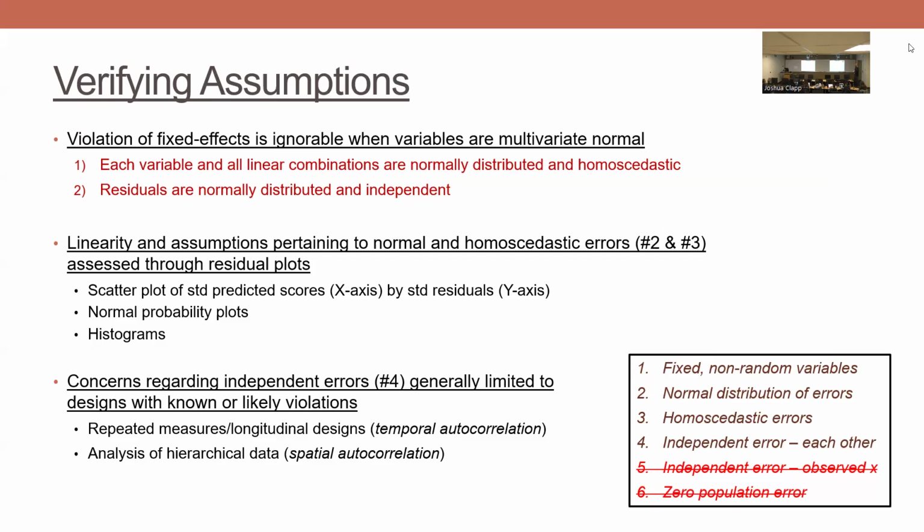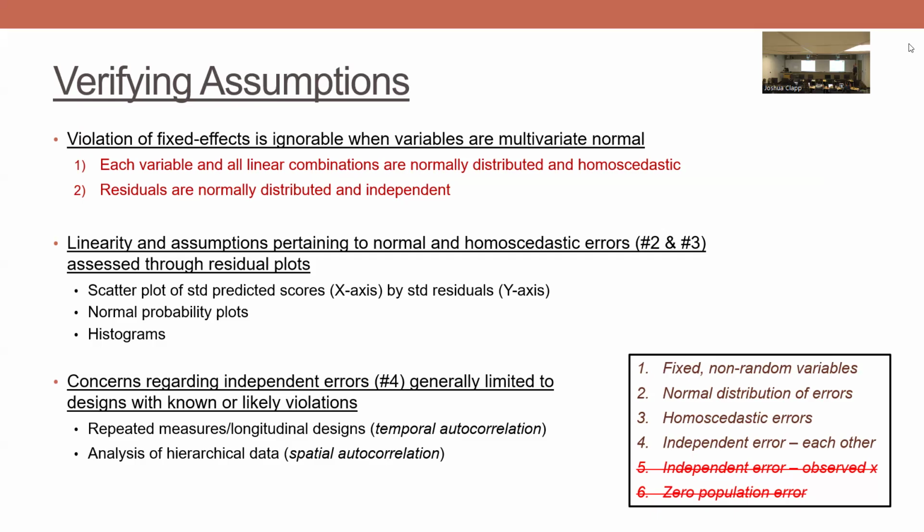We can do it so long as our data are normally distributed and all combinations are homoscedastic. And then what we also need to see is that our residuals are normally distributed and independent. So now we've added in some other things that we need to see in order to have maximum confidence in our outcomes.